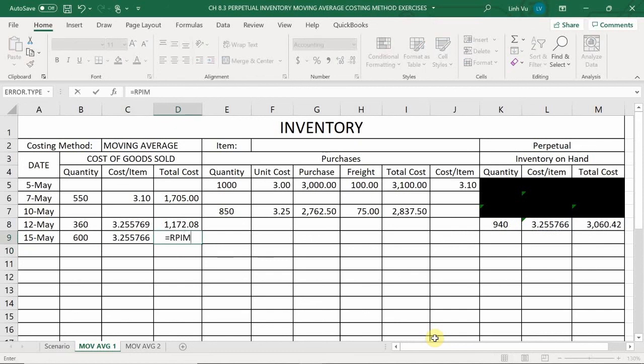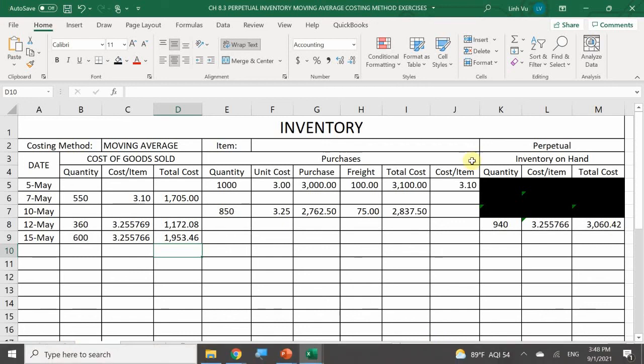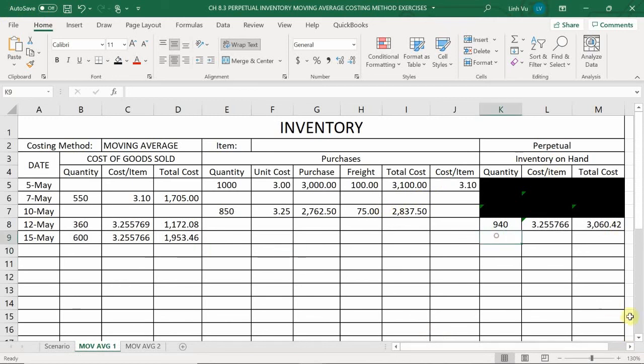Bringing my total cost of goods sold to be 1,953.46, or 4596. Good.